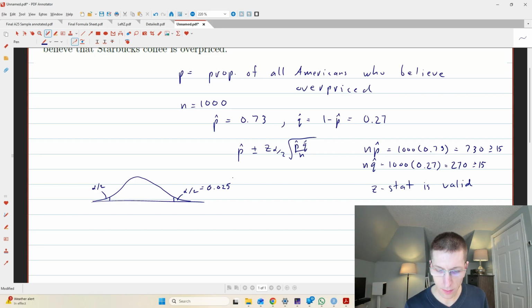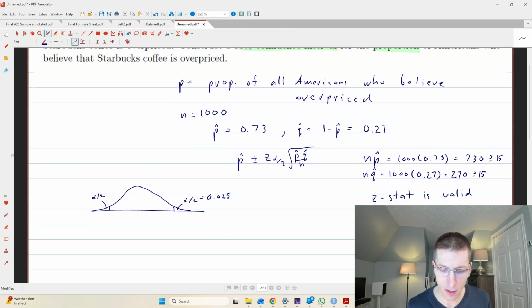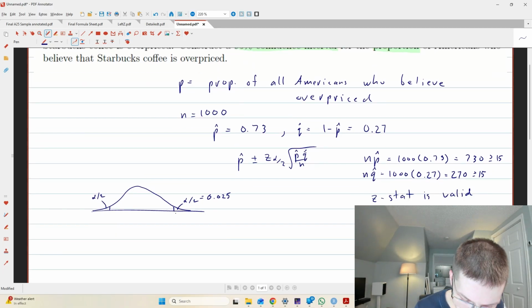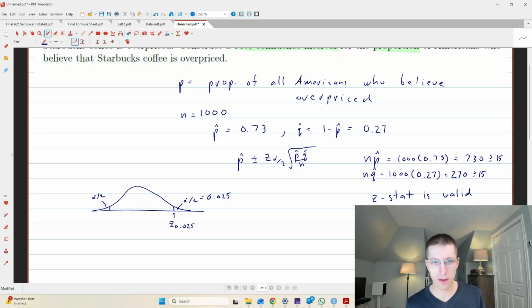And then 95% will be in the middle. And so we look at what's the critical value that marks off that boundary in the upper tail. So it's going to have area of alpha over 2 in the upper tail. So that's going to be Z 0.025. And so we need that from a Z table.